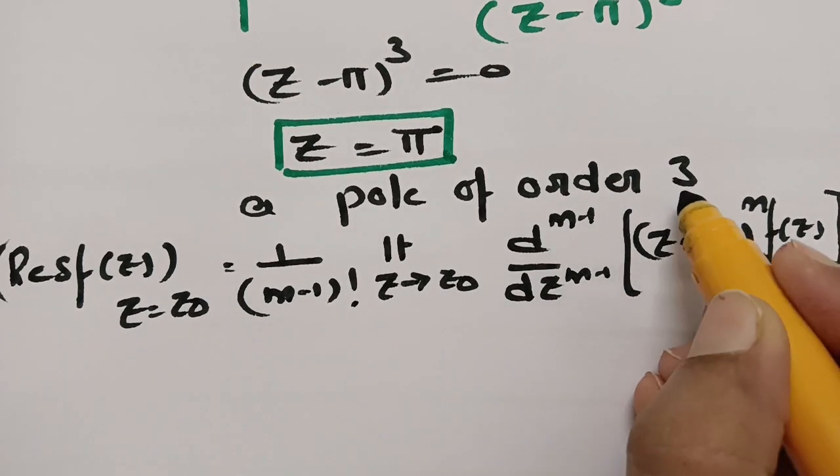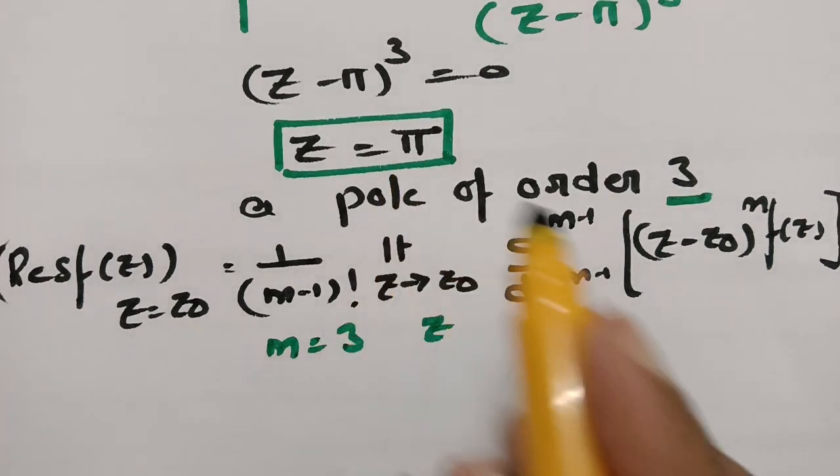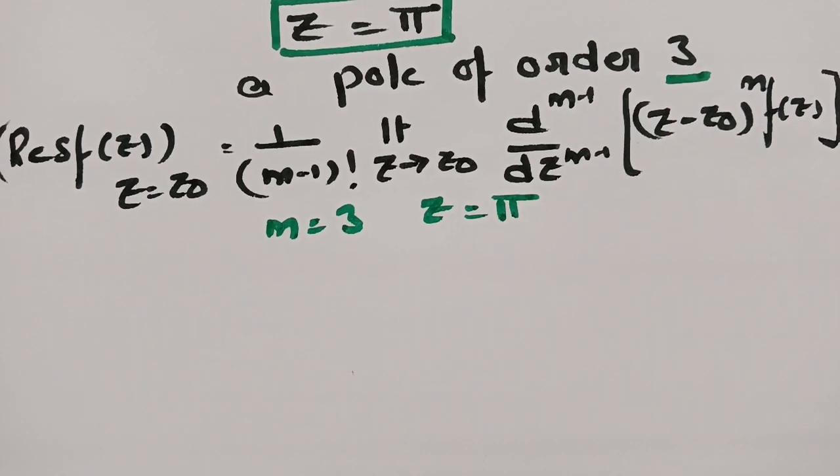So in this, we have to substitute the order value m is equal to 3, and here the pole value z is equal to pi. If I substitute both, then see what happens here.